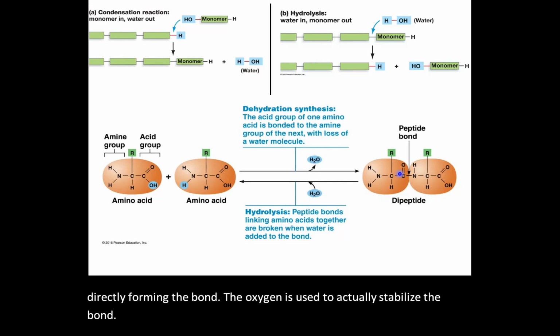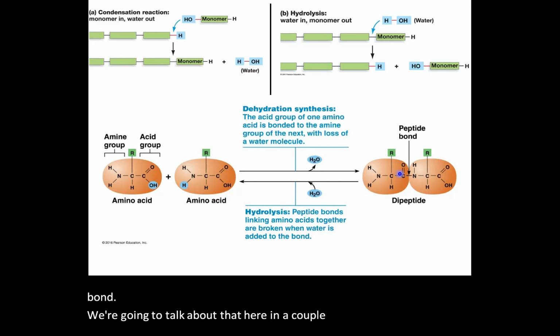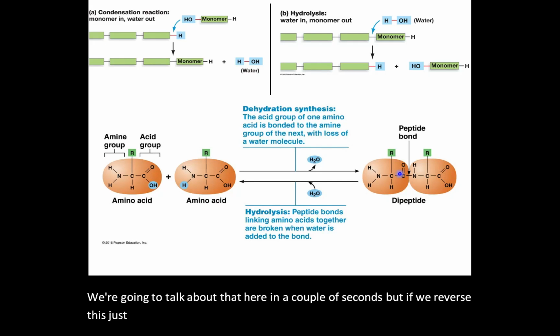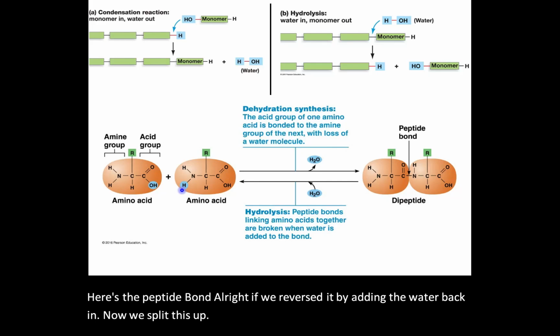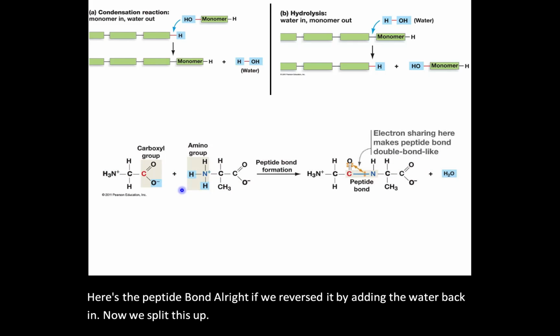We're going to talk about that here in a couple seconds. But if we reverse this, here's the peptide bond. If we reverse it by adding the water back in, now we split this up. And so look at it from this perspective.